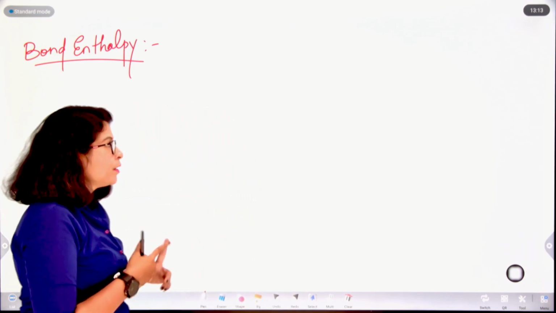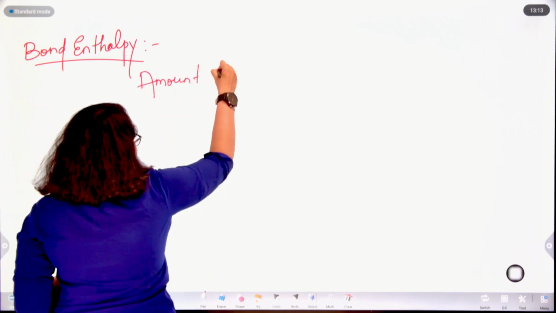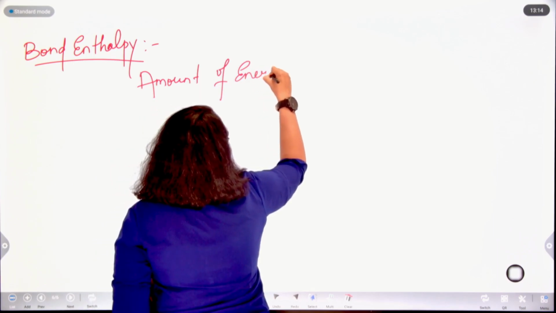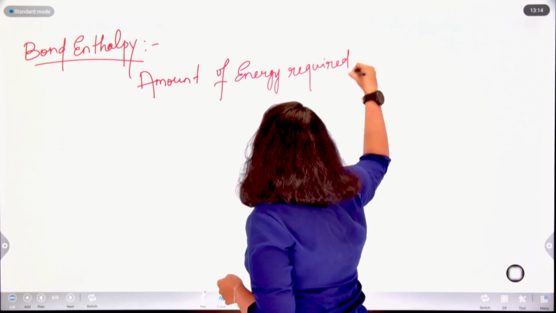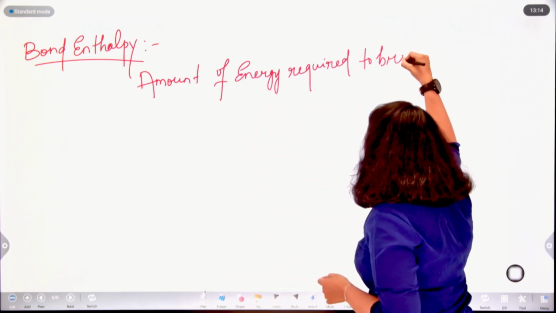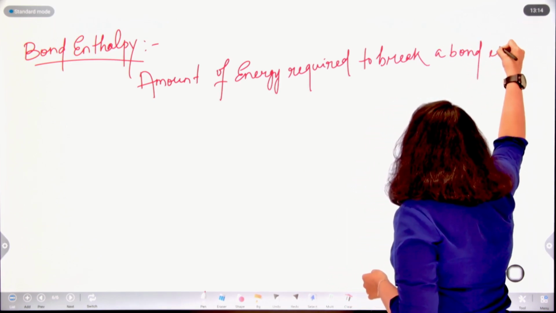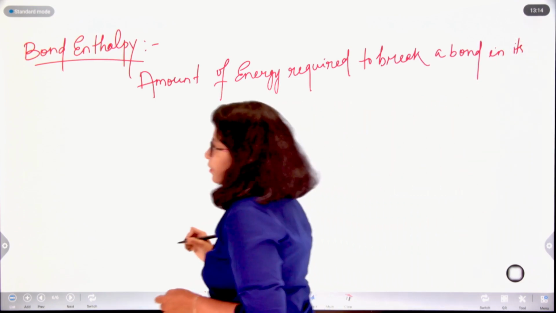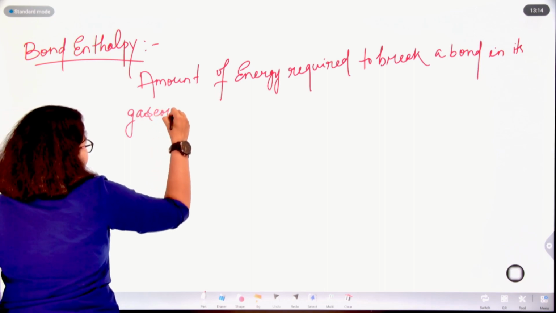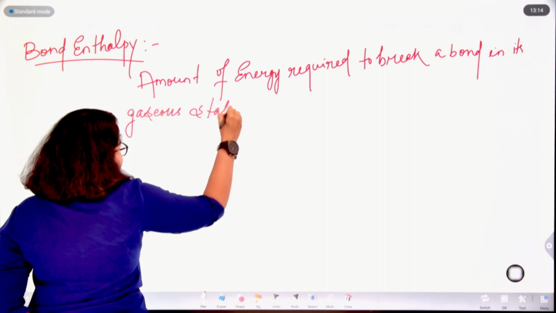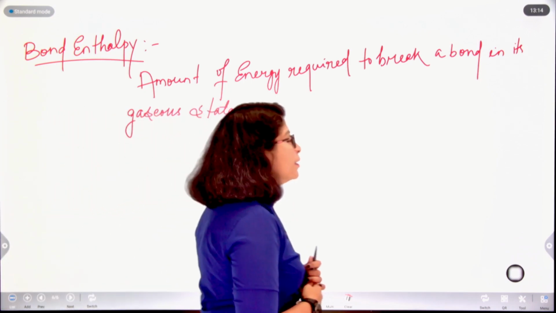Okay, the amount of energy required to break a bond in its gaseous state. This is very important, in its gaseous state. Okay, the amount of energy required to break a bond in its gaseous state.